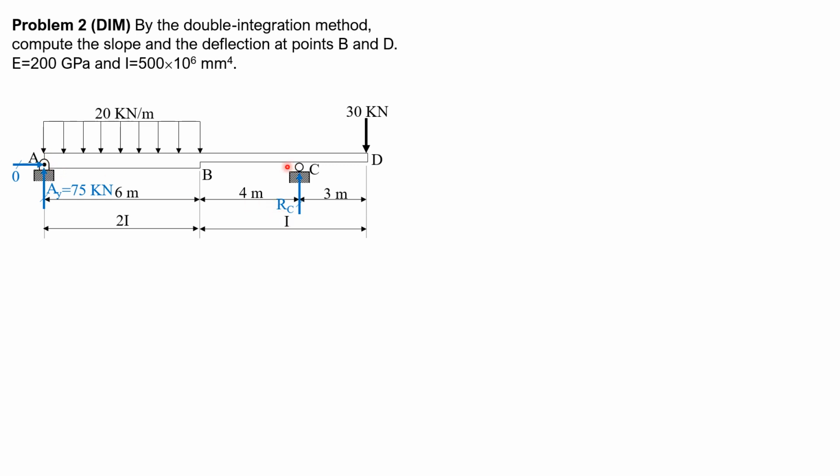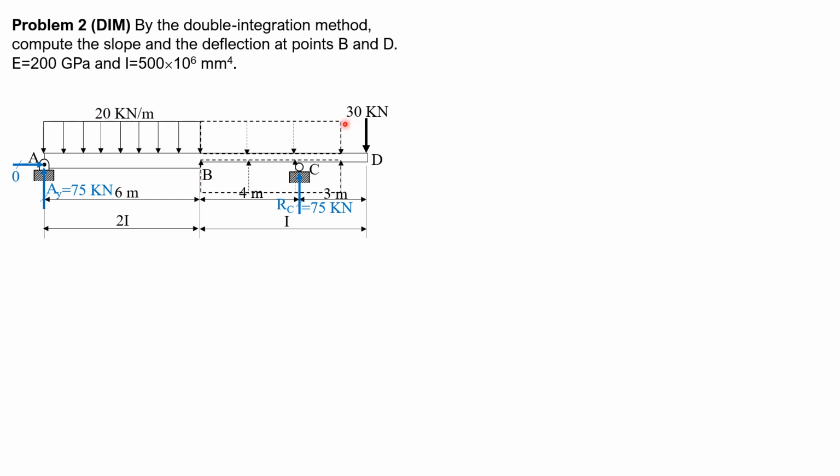So we have R sub C times 10, counterclockwise positive, minus 20 times 6 times 3 minus 30 times 13 equals 0. So you'll get R sub C equals 75 kilonewtons. So checking, 75 plus 75 is 150. Then 20 times 6, 120 plus 30 is also 150. So that's correct.